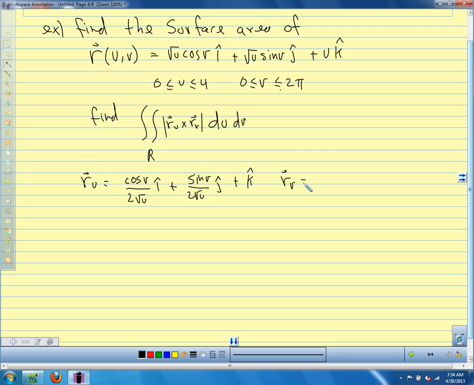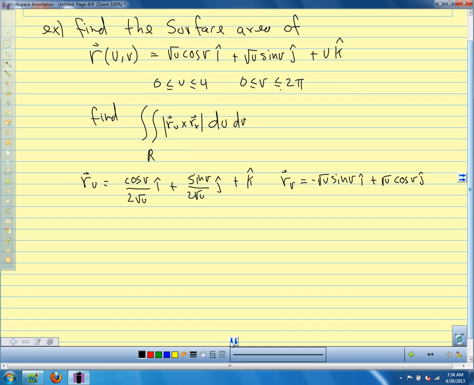r sub v is minus square root u sine v i hat plus square root u cosine v j hat and 0 k hat.